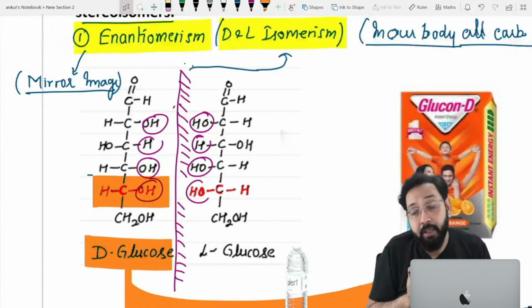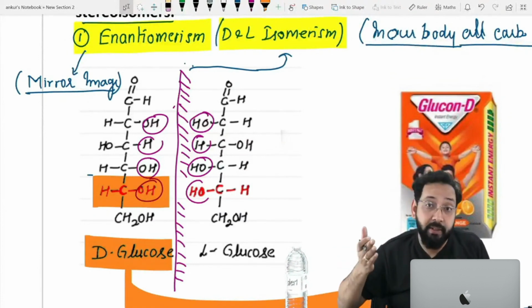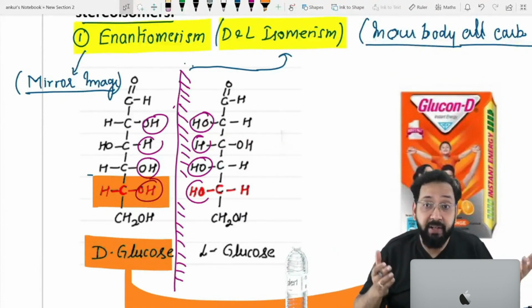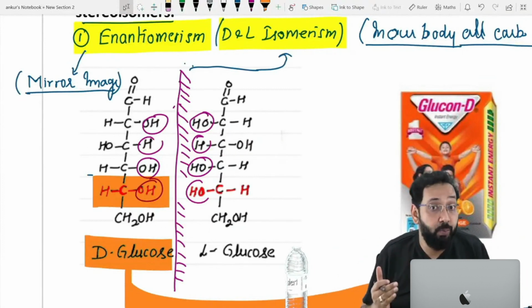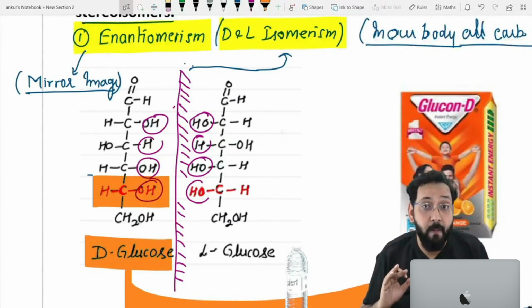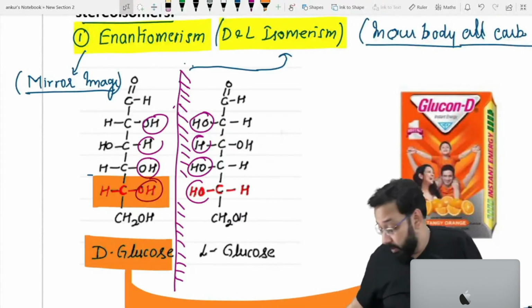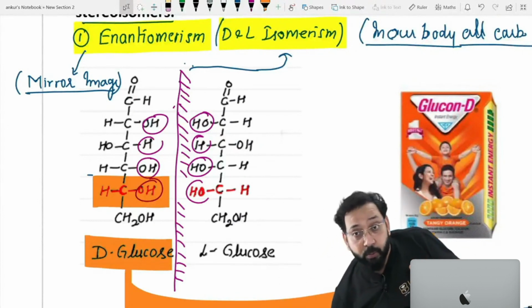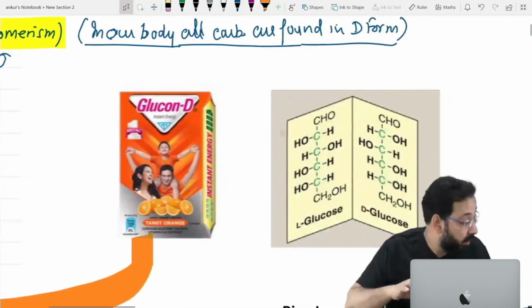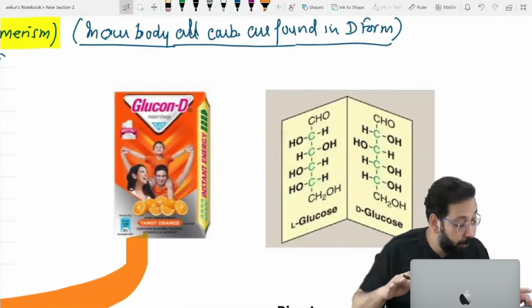If the penultimate carbon OH is on the right side, that is capital D, left side capital L, and they are enantiomers, that is capital D and capital L isomerism. Okay, we found that in capital D and capital L isomerism, all carbohydrates in our body are found in capital D form.